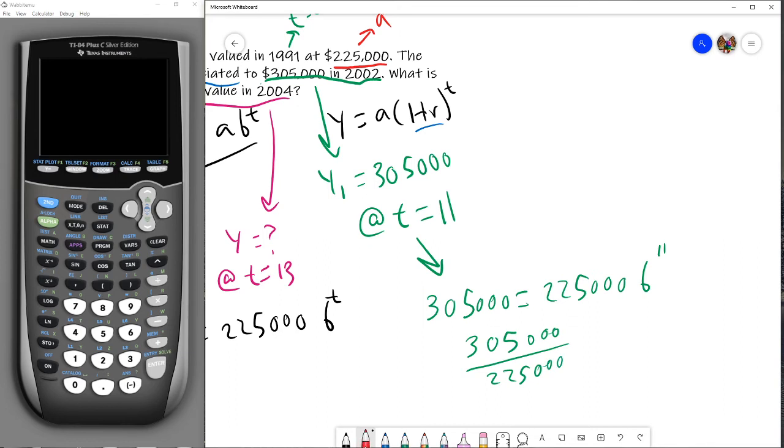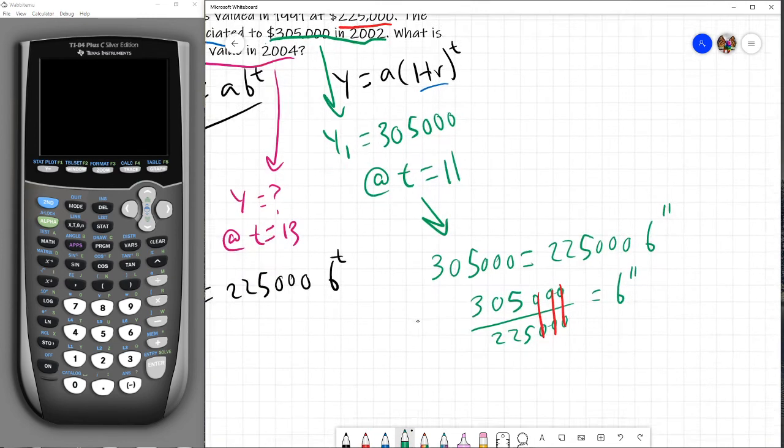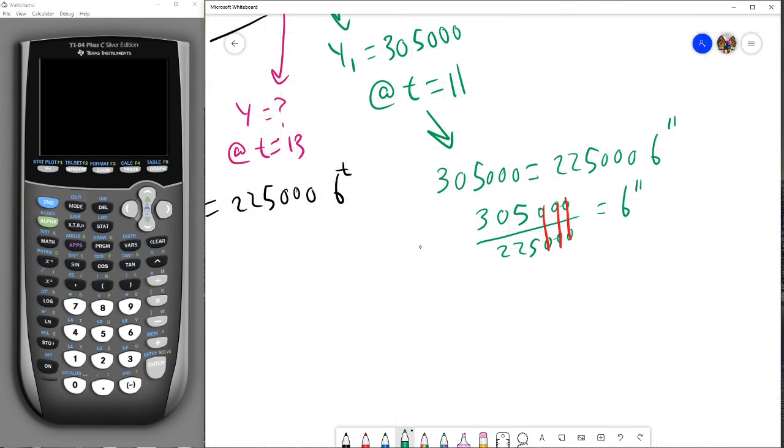We are going to kill off these zeros here, make our lives a little easier. And this is equal to b to the 11. So to get the b by itself, we will want to take the 11th root. So the 11th root of this fraction here is equal to b. Alright.